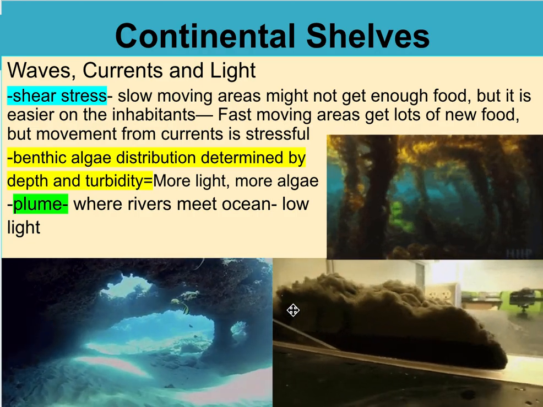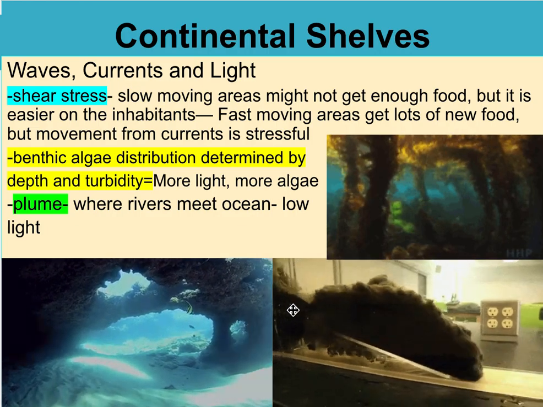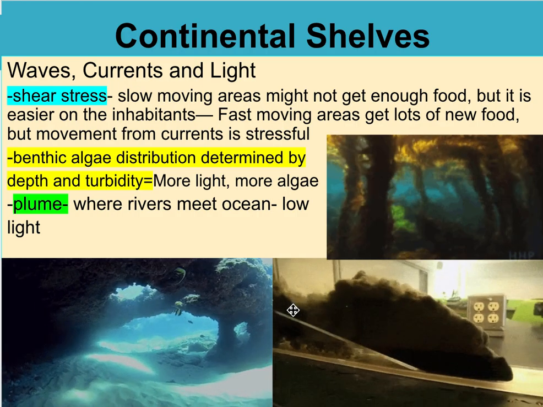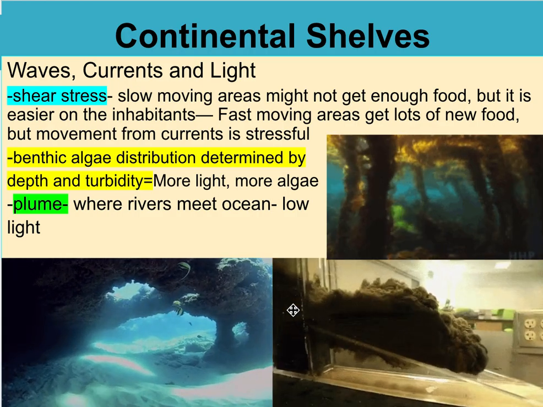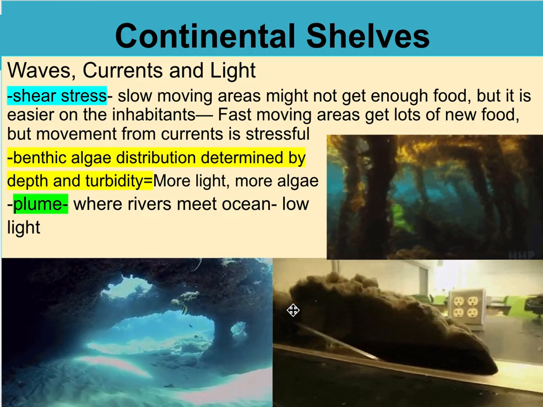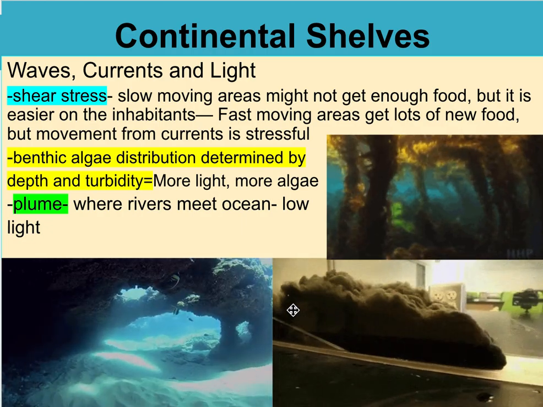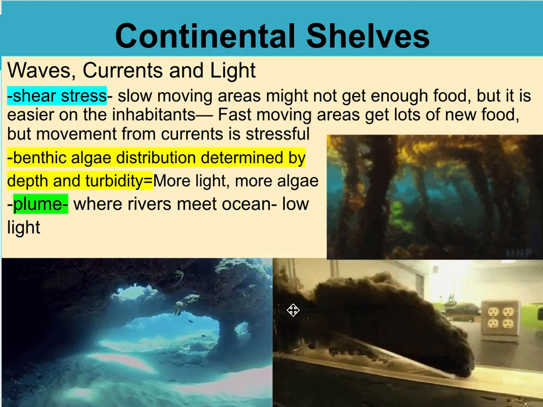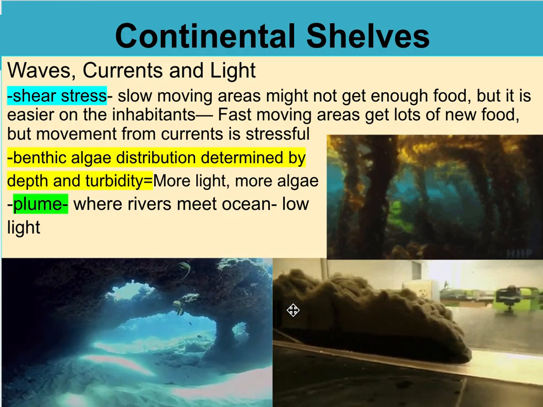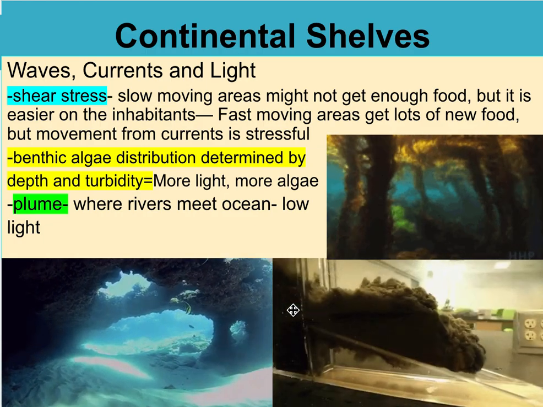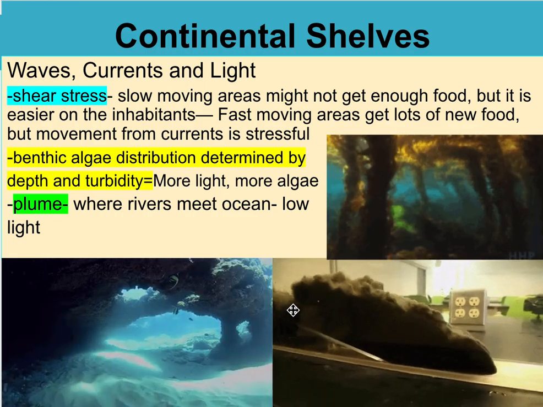In a lot of ways that's good, because you're getting those extra nutrients and oxygen, but the water is moving really quickly, so it might be harder to anchor yourself or stay in one place. Whereas in a slow moving area, you might not get as much oxygen or food, but it is easier to stay in one place. So different organisms are going to be able to inhabit these different spaces.